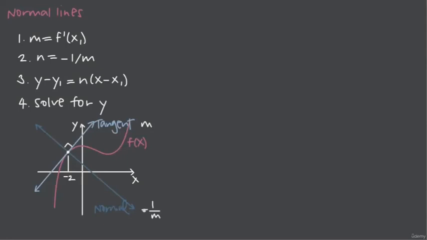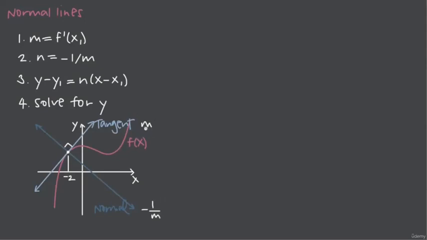This is the negative reciprocal because 1 over m is the reciprocal of m. And then when we multiply here by a negative sign, this is the negative reciprocal of m.